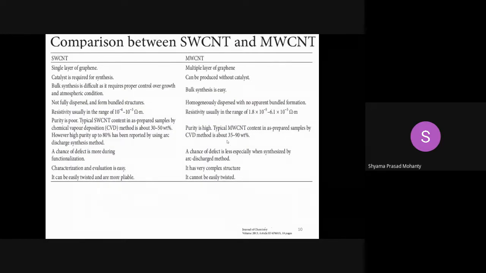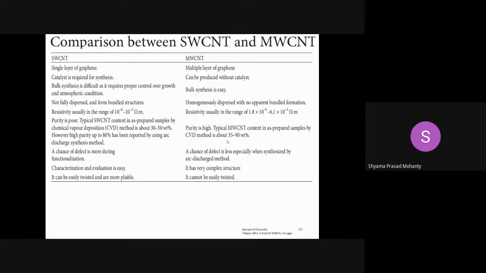A catalyst is required for synthesis in case of single wall, and in case of multi-wall it can be prepared without any catalyst. Single wall carbon nanotubes are difficult to synthesize in bulk amount, so they are mostly expensive, whereas bulk synthesis is quite familiar in case of multi-wall carbon nanotubes.